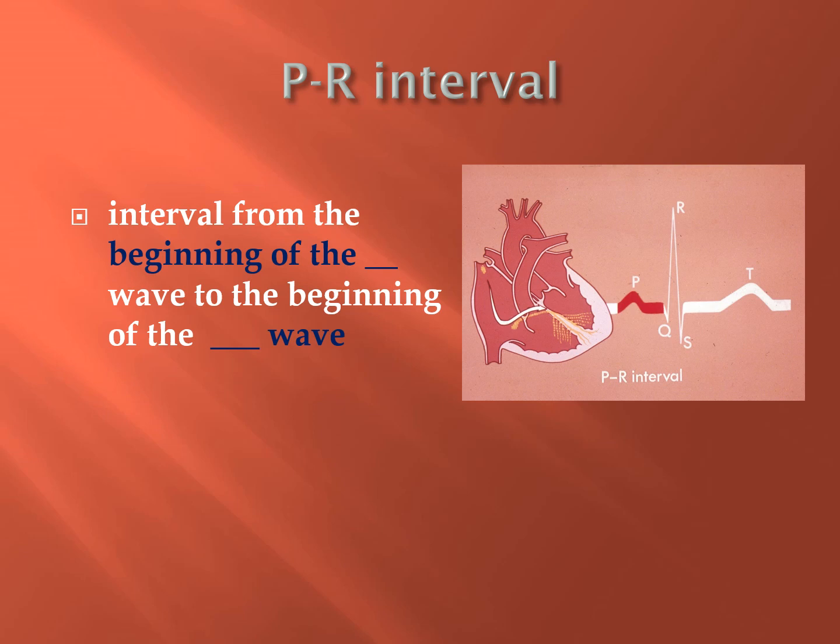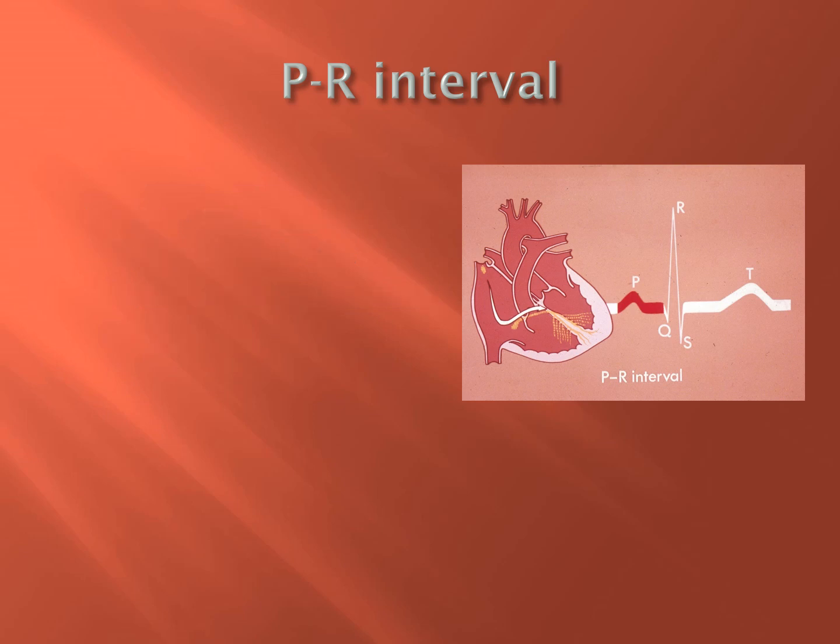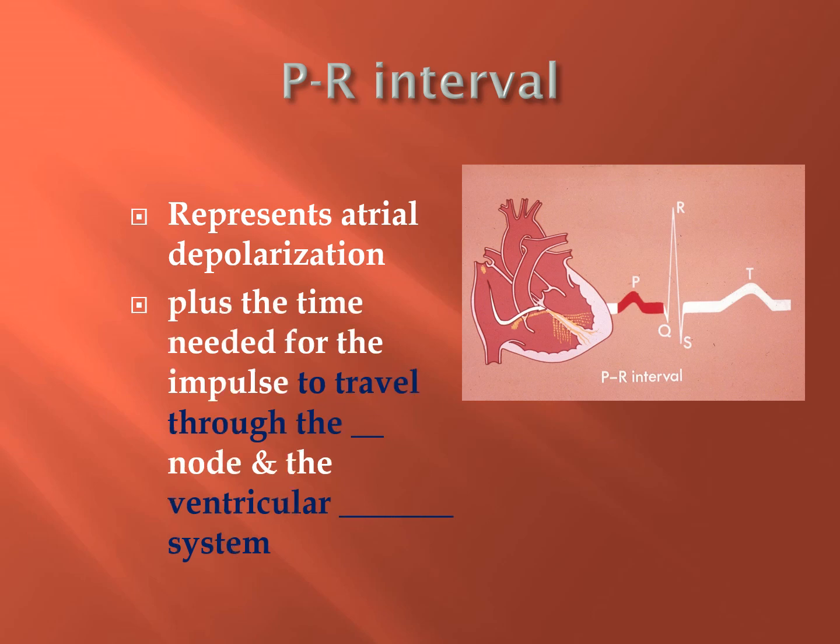From the P to the Q. And this represents atrial depolarization plus the time needed for the impulse to travel through the AV node and the ventricular conduction system.